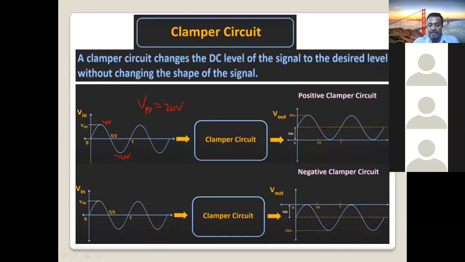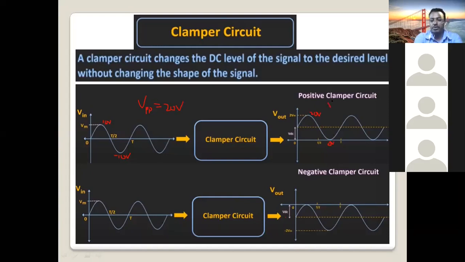After clamping, what will be the peak-to-peak voltage? The maximum now becomes 20 volt because it is shifted by 10 volt DC upward, 10 plus 10 is 20. The minus 10, if you shift it by 10 upward, will reach 0. So the minimum will be 0.